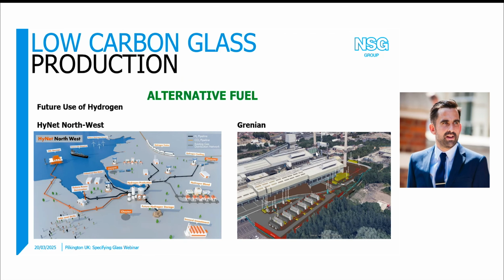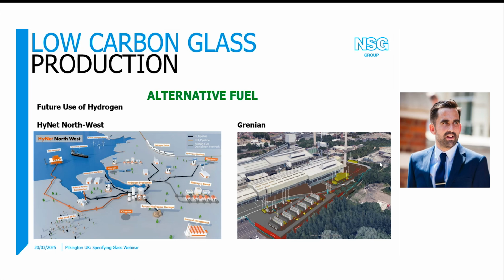Phase 1 will see hydrogen production plant HPP1 supply Stanlow Refinery and Encirc, who are a glass container maker near us. Then phase 2 will expand the supply to the wider HyNet network, which will at that point also include Pilkington's float plant in St. Helens. Some of the key players in this are EET Hydrogen for production, Cadent for the pipeline, and Inovyn for the hydrogen storage.